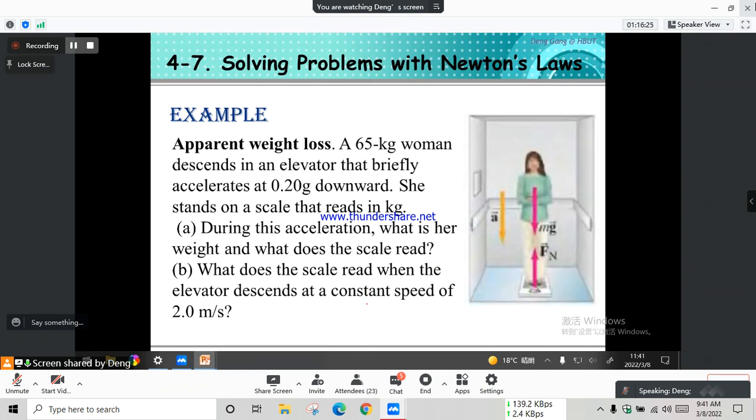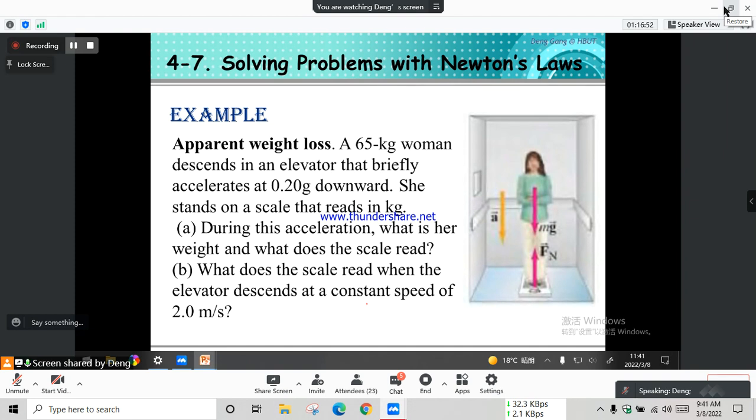So the acceleration is downward. And she stands on a scale that is calibrated in kilograms. Okay, she's in an elevator which has an acceleration in this direction with 0.2 g, and she's standing on this scale.